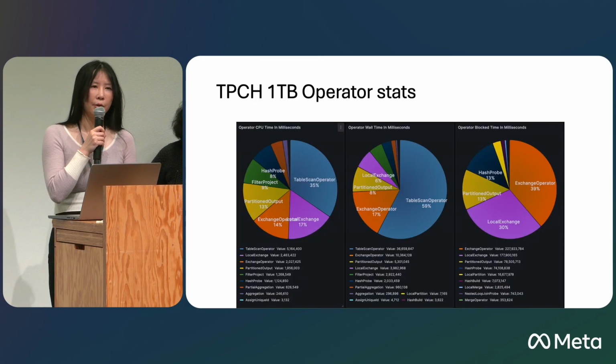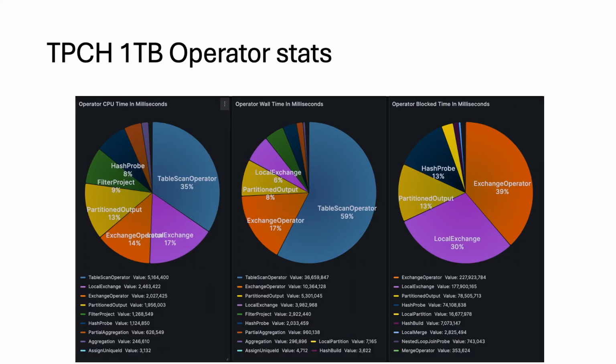All right, so why do we look at shuffle? This is because when we are running these benchmarks like TPC-H and DS, we saw that the shuffle cost is quite high. For example, in TPC-H, partition output and exchange and local exchange comprised over 40% of the total CPU, and this is very high.